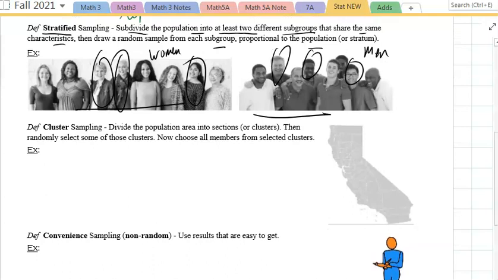Now, cluster sampling. Divide the population area into sections or clusters, then randomly select some of those clusters. Now choose all members of the selected cluster. So what we could do, we could take a state and break it into counties. So we could separate a state like California into counties.